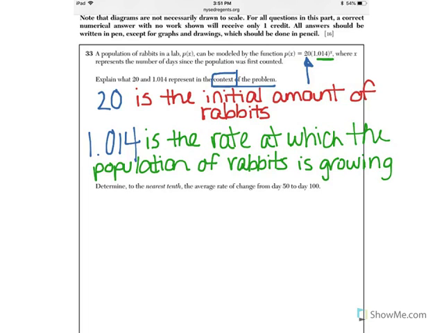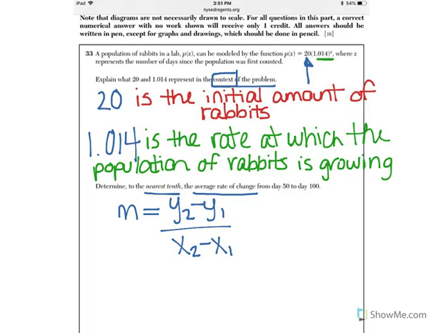So then it says to determine, to the nearest tenth, so we need to round, the average rate of change from day 50 to day 100. Well, the average rate of change is the slope, and so using the slope formula, we're going to have to find the change in y's over the change in x's.